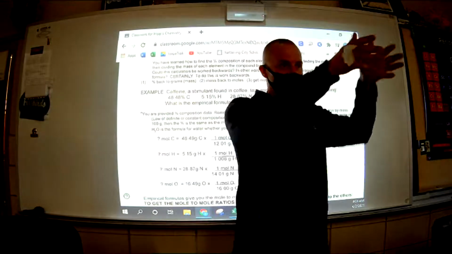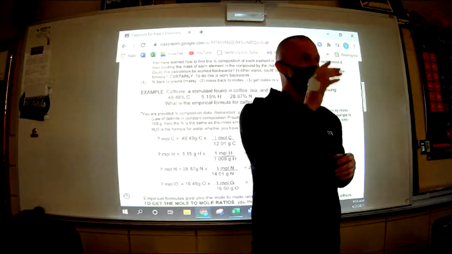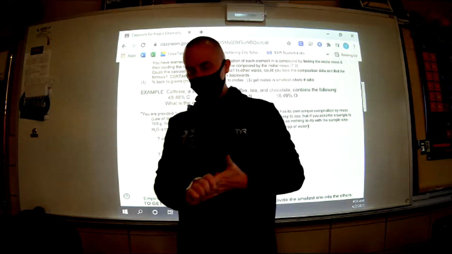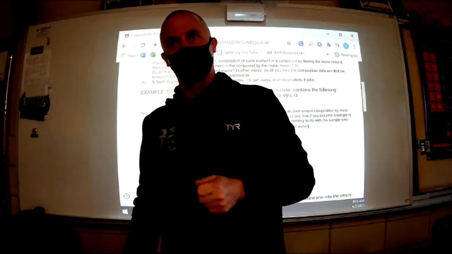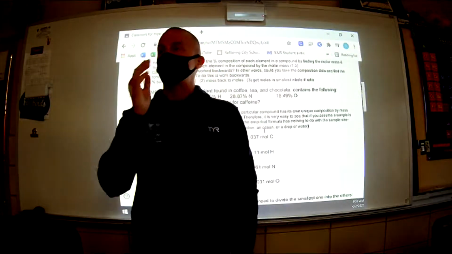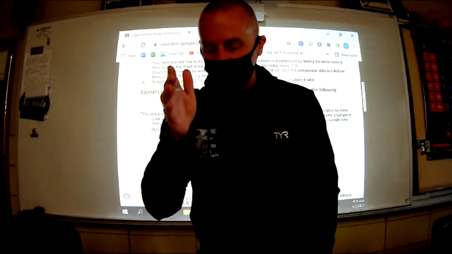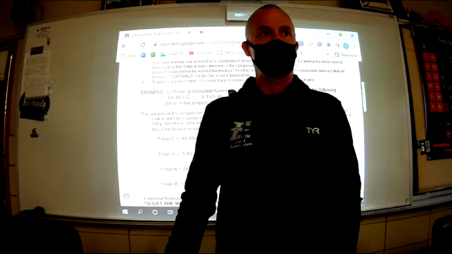Law of multiple proportions was Dalton. Conservation of mass was Lavoisier. Law of definite or constant composition, Proust's law. All it says is a given compound is always made up of the same elements joining in the same ratios by mass.